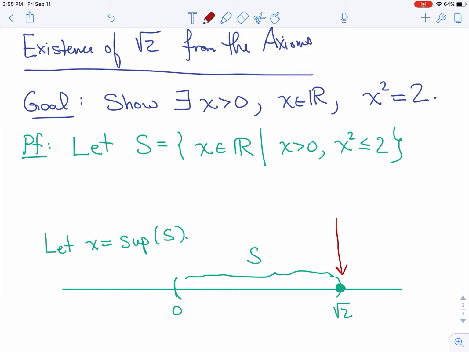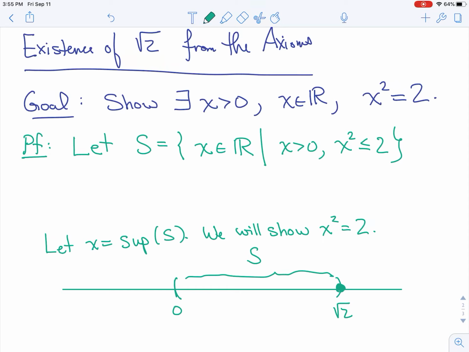I'm going to let X be the supremum of that set. And then we will show that X squared is exactly equal to 2. And you're going to see it's pretty hard to do that, okay? So get a cup of coffee or something, right?